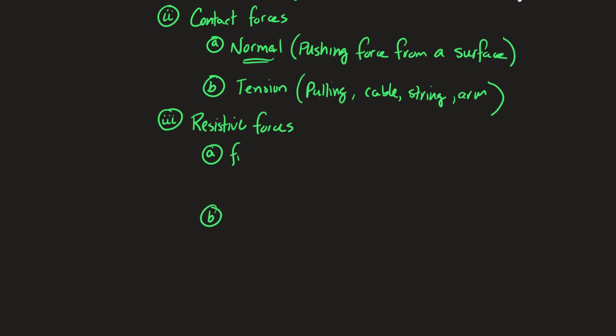There's friction, and there's air resistance, also known as drag. We are not going to talk about drag or air resistance for quite a while. It's a complex force because it's proportional to velocity.